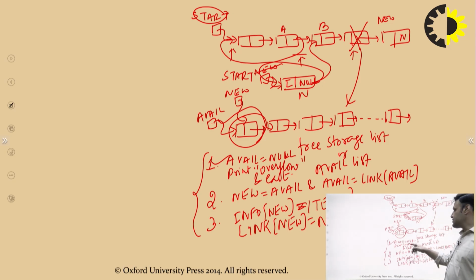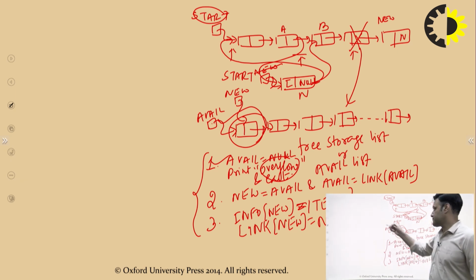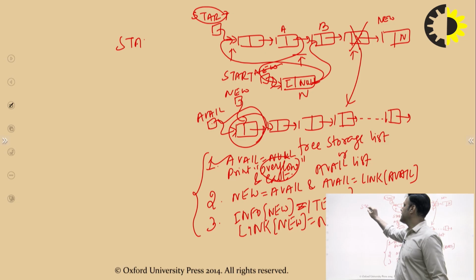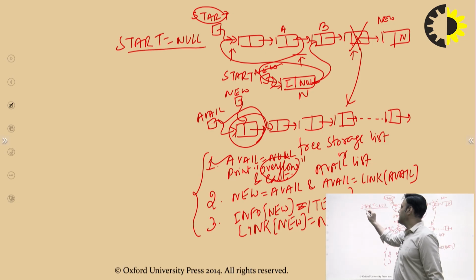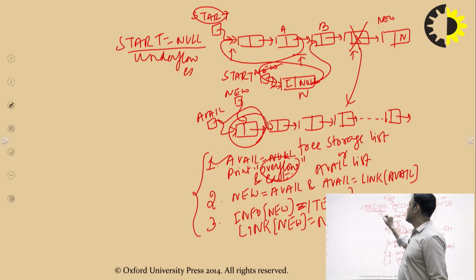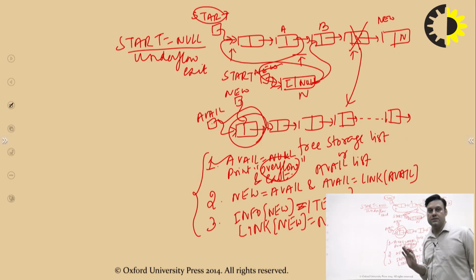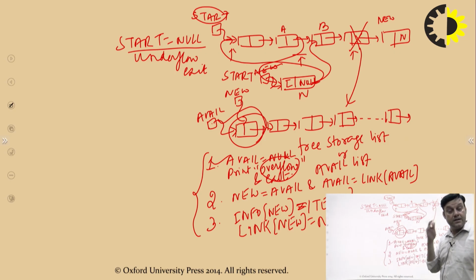So, in case of insertion, we check overflow, while in case of deletion, we check underflow. What is the underflow condition? The underflow condition is that we check whether start is equal to null or not. If it is null, then print underflow and exit. Okay, just keep this in mind. Just make the diagram and write the algorithm.